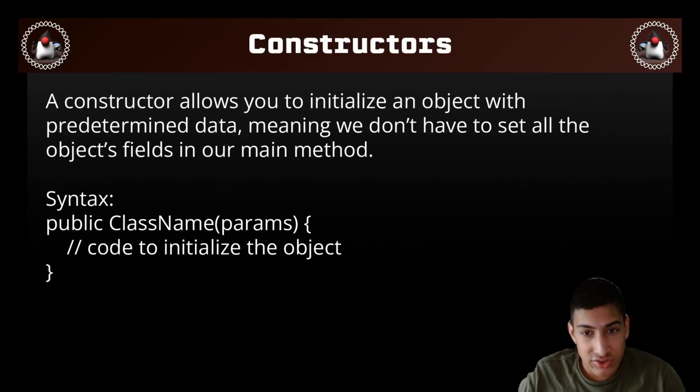They let us initialize an object with predetermined data, meaning we don't have to set all the object's information inside of our main method after creating the object itself. We can create the object with our data already in place.